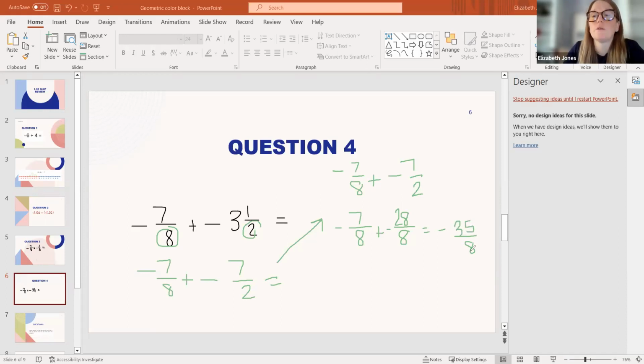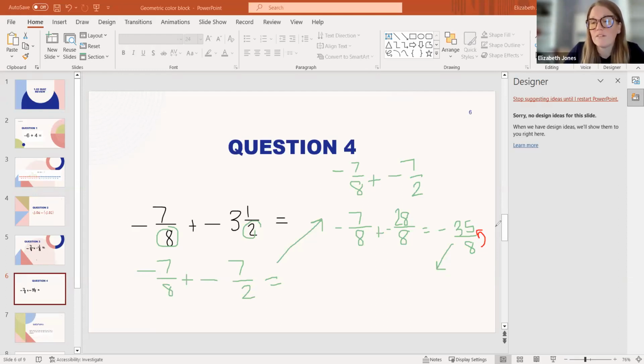We can also take this improper fraction and turn it into a mixed number by saying, how many times does 8 go into 35? Well, we know that 8 times 2 is 16. We know that 8 times 3 is 24. 8 times 4 is 32. 8 times 5 is 40.